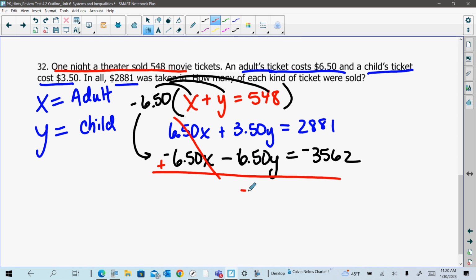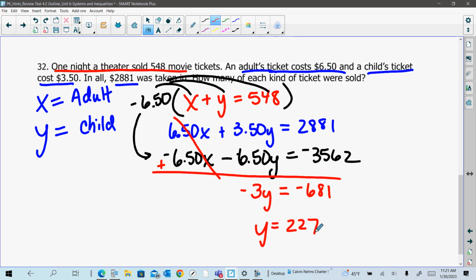This will leave you a negative 3y equals, is it negative 681? Is that right? Should I do that or not? Okay. Exactly. All right. So what is your y? 227.